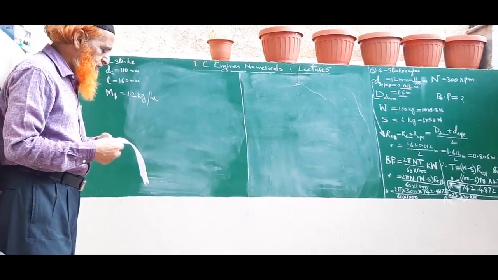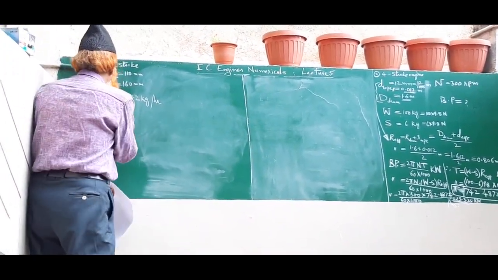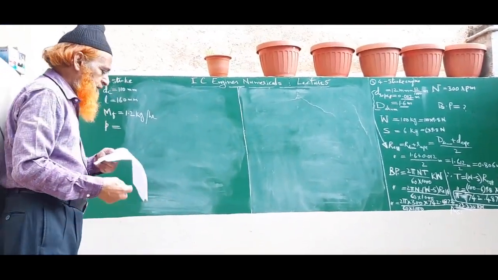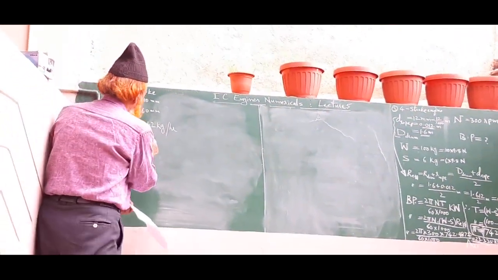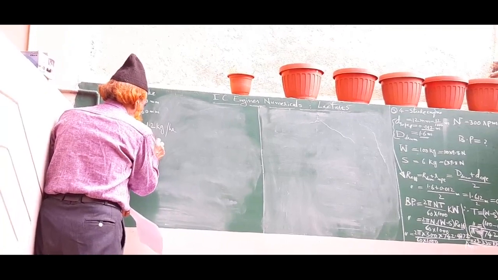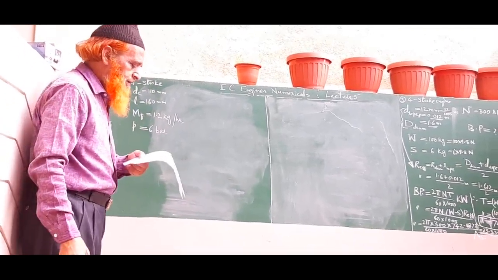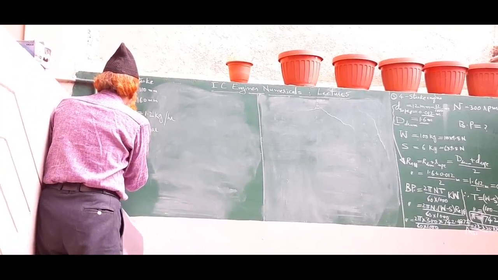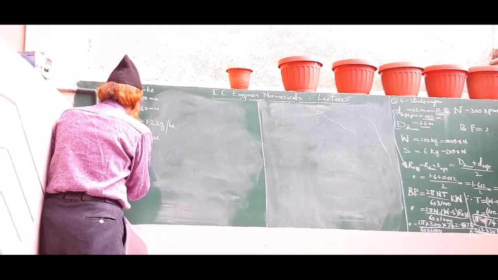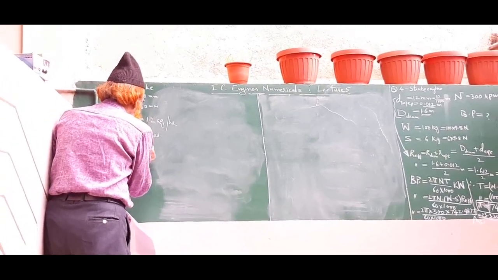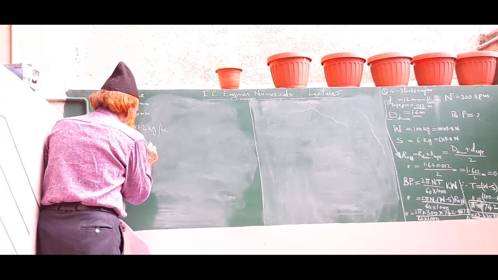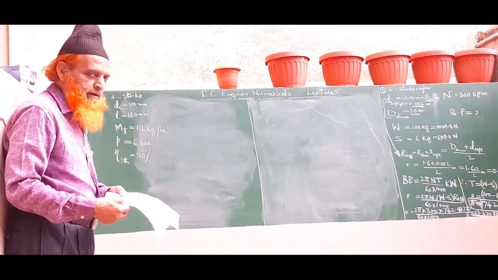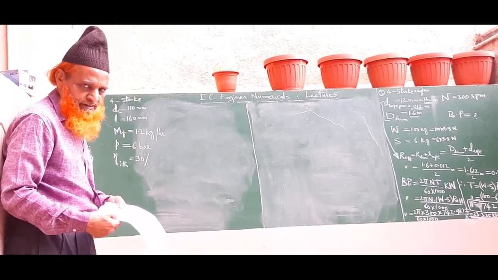The mean effective pressure is 6 bar. Mean effective pressure is given, small p, 6 bar. And its indicated thermal efficiency is given how much? 30%, that means on unitary basis 0.3.